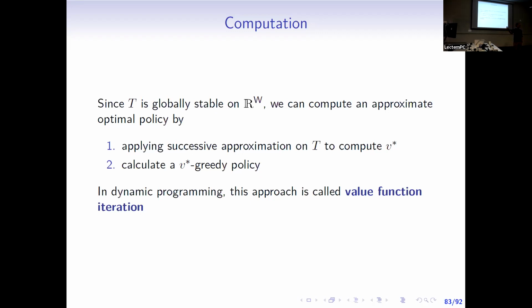And that's going to give me an approximately optimal policy. If I actually get to v star, it's going to be exact. So that process is one that you're probably well familiar with. That's called value function iteration. And that's probably the most popular standard approach to solving dynamic programs.